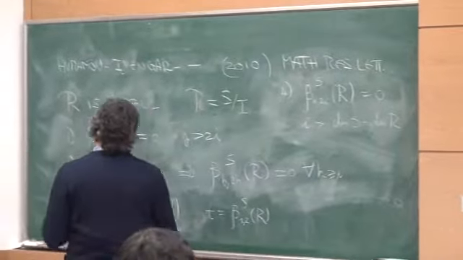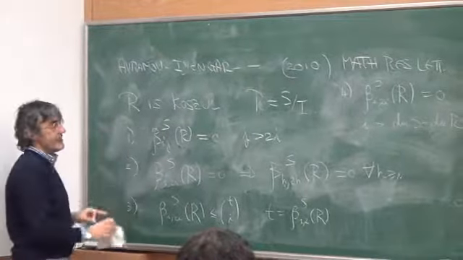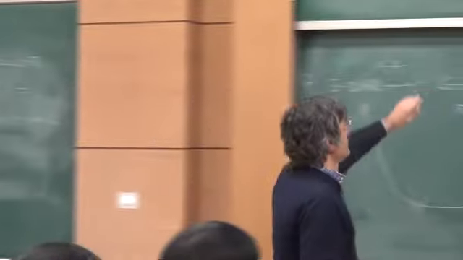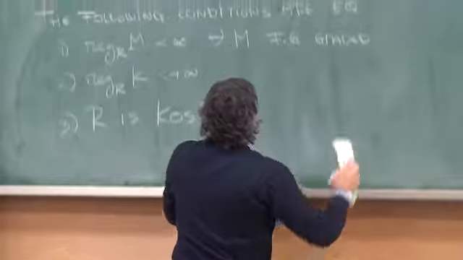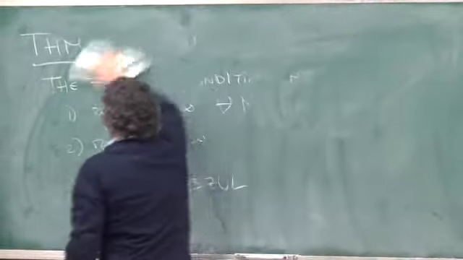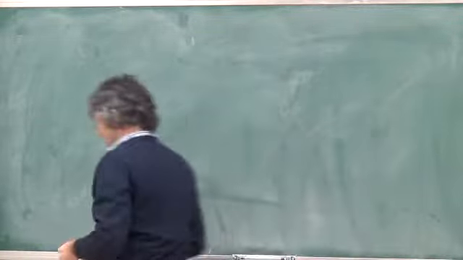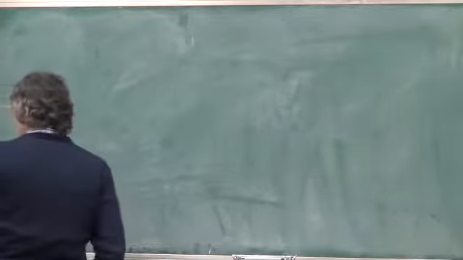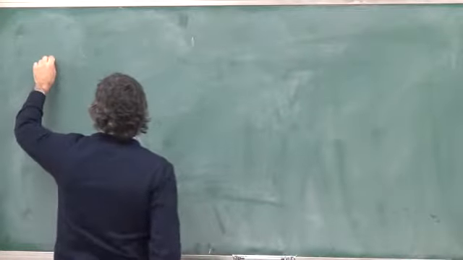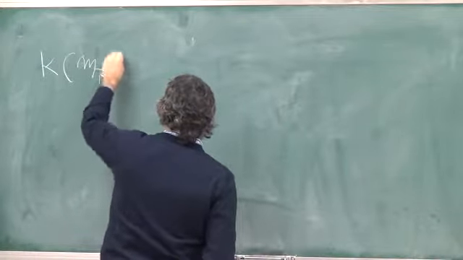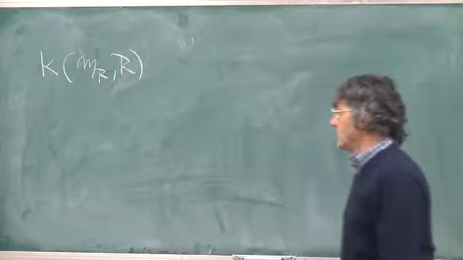But if you just want this statement for this setting, there is a much easier approach, which can be described in terms of the Koszul homology of the ring R. So what one really can prove, as consequences, is the following: we take the Koszul complex of the ring R with respect to its maximal ideal.